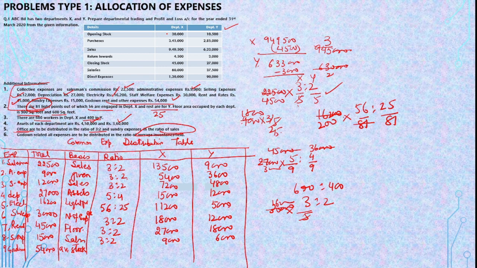So average stock, 30 plus 45 is 75,000 by 2, isn't it? Average is opening stock plus closing stock by 2. So for department X it is 37,500. For Y department it is 10,500 and 27,000.